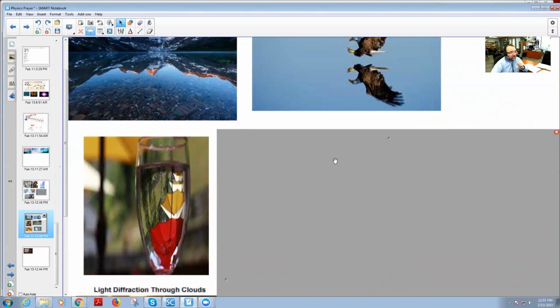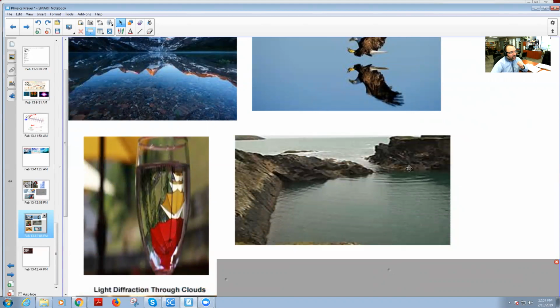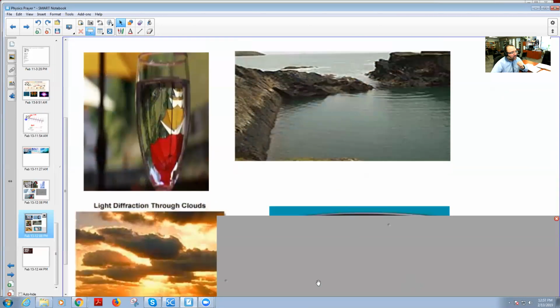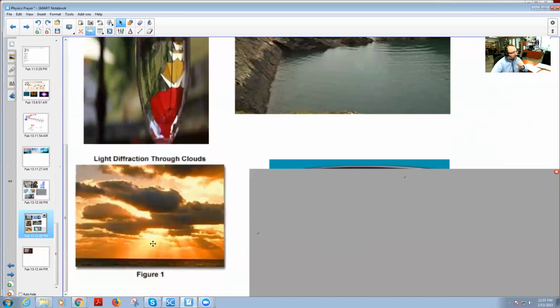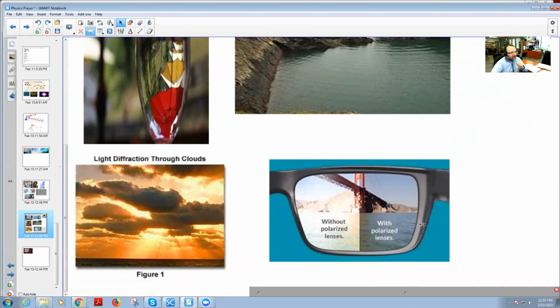Not sure what kind of drink it is, but we know it's from a flute. And diffraction going on here, natural beauty of it, going through a little section of the rocky cliffs, and our other diffraction through the clouds. You can see the red rays of light going through it, and polarization and how essential it is to actually see the beauty that exists in our world. There's a lot of beauty and wonder in how this is happening naturally, and now we have a scientific perspective on it.